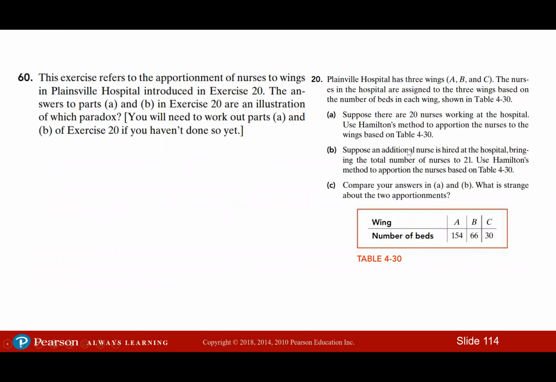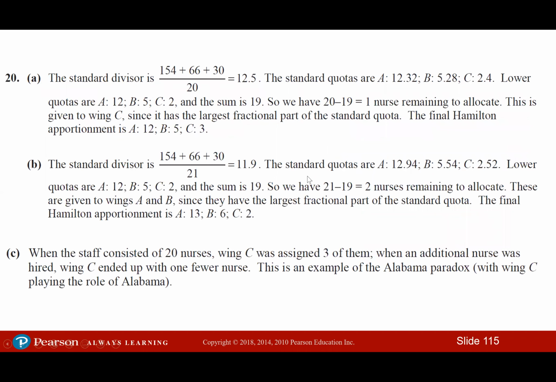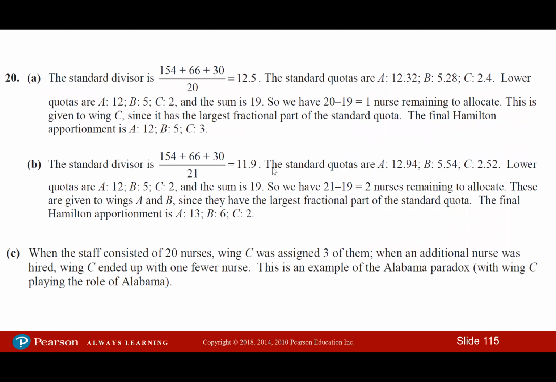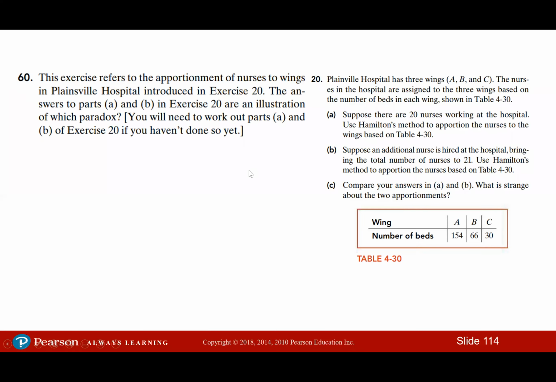Back over here. Suppose additional nurses are hired at the hospital, bringing the total number of nurses to 21 instead of 20.